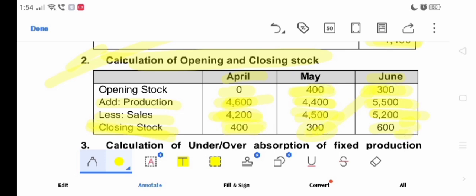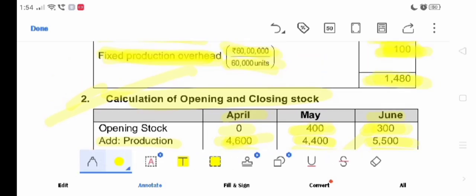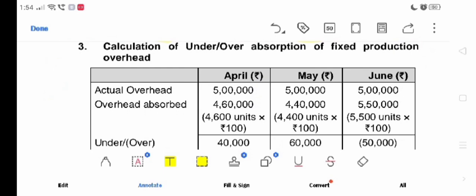So using these units we have to multiply with 1480, which is the cost per unit, okay? We are going to multiply this, and we are going to calculate the cost of goods sold in the above table. But before that, here is the important thing, which is under or over absorption. We have taken 100 rupees per unit, no?